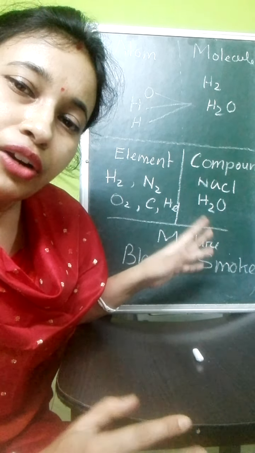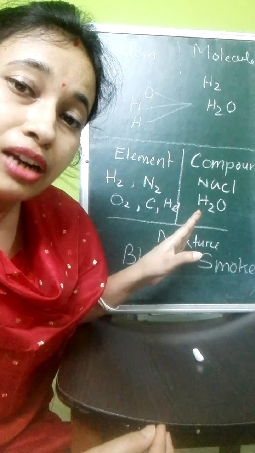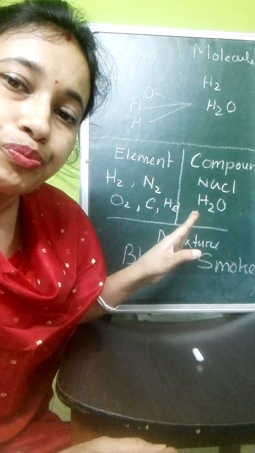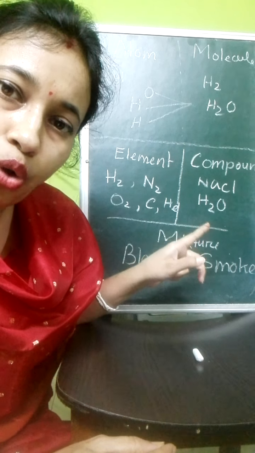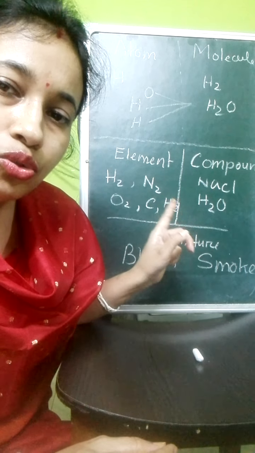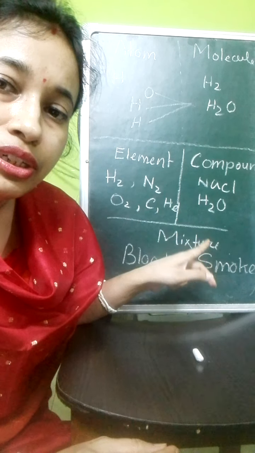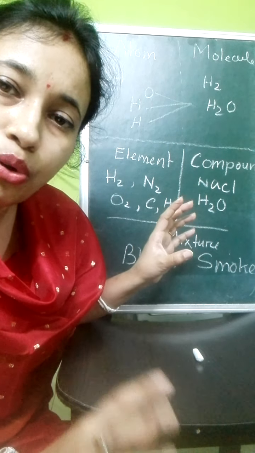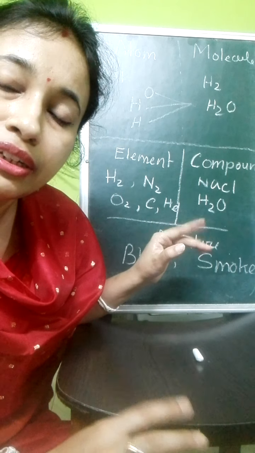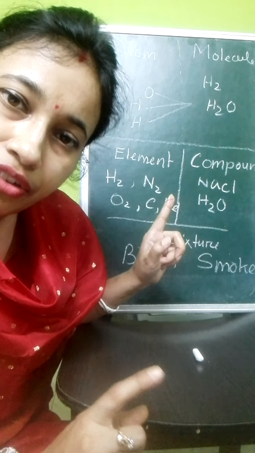Similarly, for any other compound, if you consider carbon dioxide, that also has one carbon combining with two oxygen atoms. So a compound is a pure substance made up of two or more types of elements combined in a definite ratio.